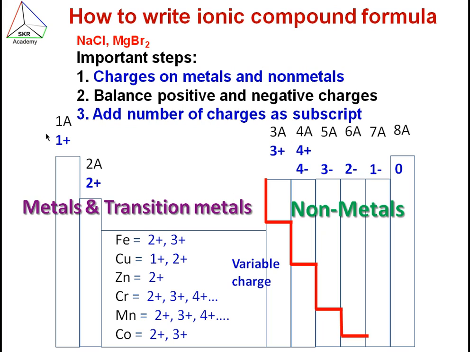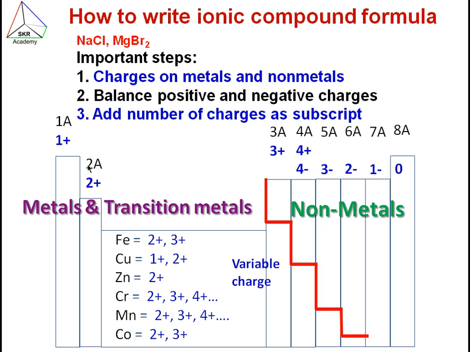Here I am showing a simple periodic table. It is exactly the periodic table, but it doesn't show any elements, and it shows that the first group, 1A, carries a positive 1 charge.